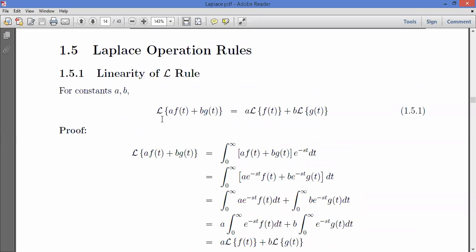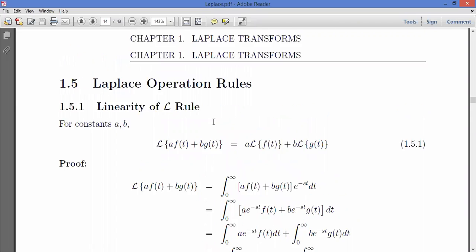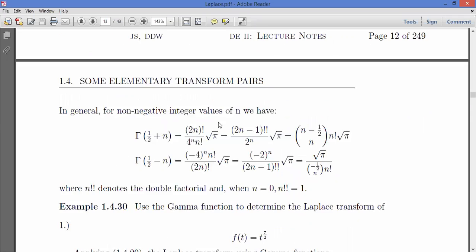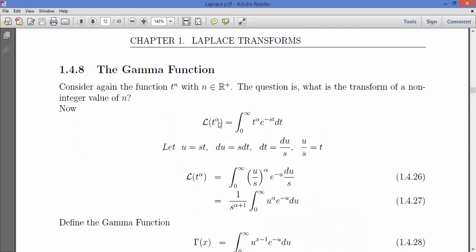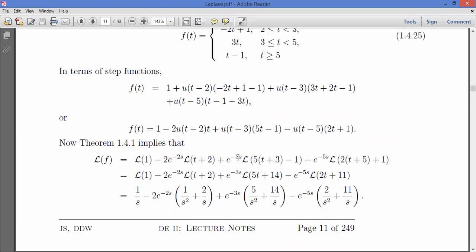You have the Laplace of this function, which is aF(t) plus bG(t). We have already been applying this, by the way. You remember we are factoring things out. We've just done this in one of the previous examples where we threw a 2 out, we got a 2t, somewhere here, and we threw this t squared out and remained with the t.